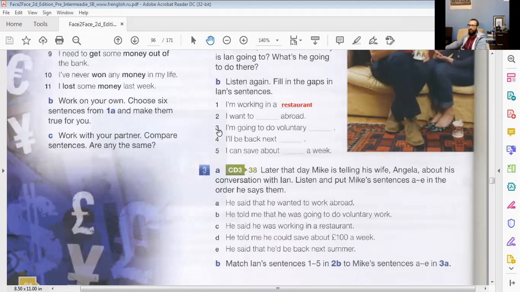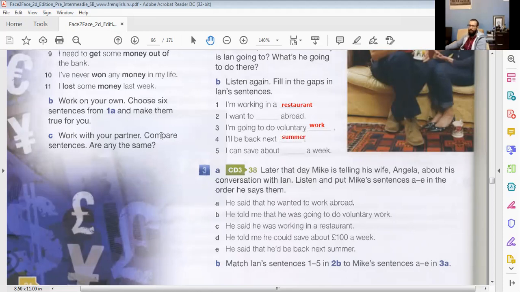Okay, let's leave number 2. What about number 3? I'm going to do voluntary work. Okay. Number 4? I'll be back next summer. Okay.